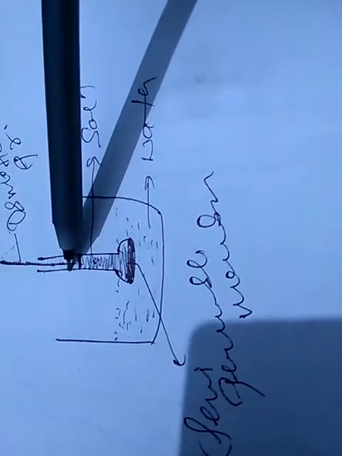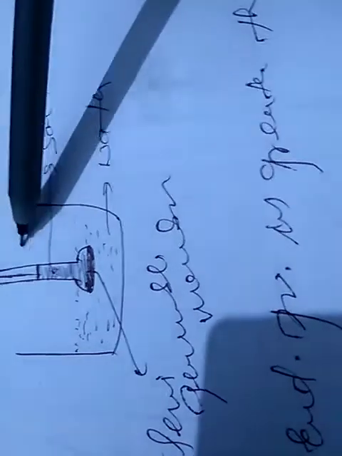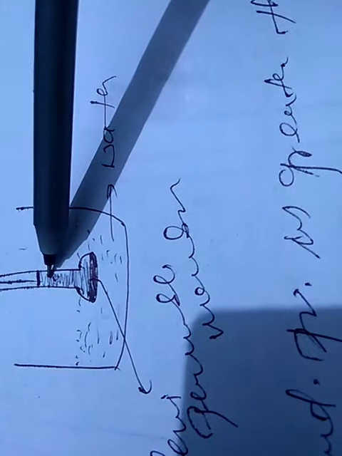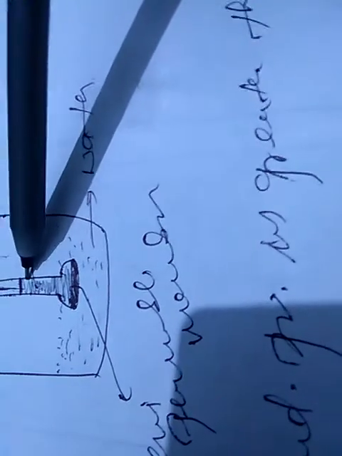If external pressure is greater than osmotic pressure, then what would happen? Due to this external pressure, the solvent molecules from this thistle funnel start flowing.